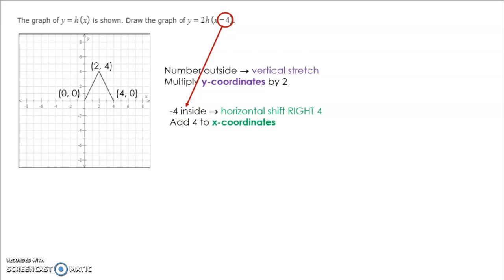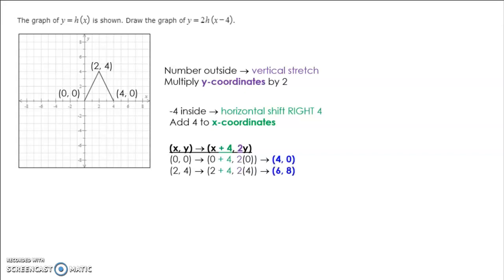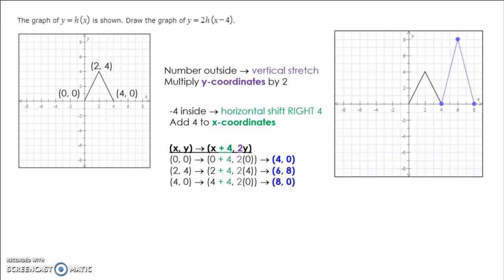So that means I'm going to add 4 to the x coordinates. So I'm going to take my original ordered pair, add 4 to the x coordinate, multiply the y coordinate by 2. Then here's the work for each of those 3 ordered pairs, and then I plot my answer.